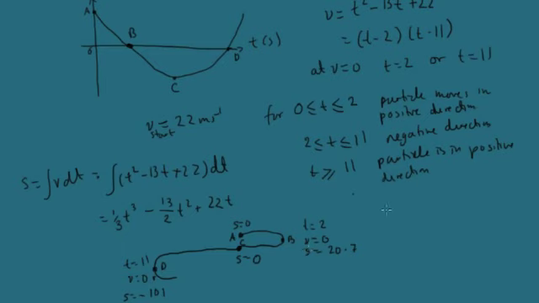So, for example, for t equals 3 seconds, the displacement s is 16.5.